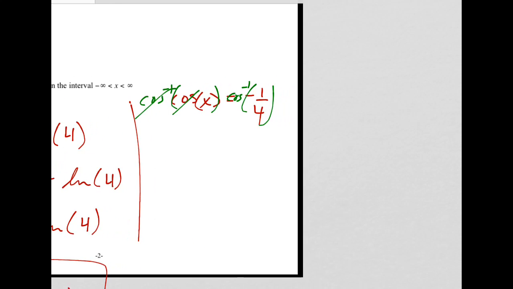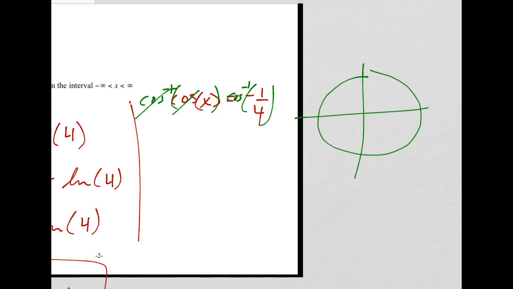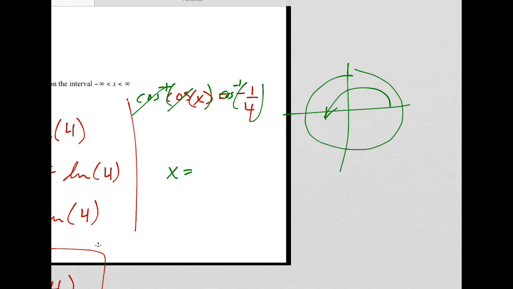We just have to remember, for inverse cosine, it's only going to give us angles from 0 to pi. So if I go on my calculator, which I'm pulling up right now, make sure you're in radians, and I do negative 0.25 and take the inverse cosine, that gives me x, and I'm going to write out a bunch of decimals.